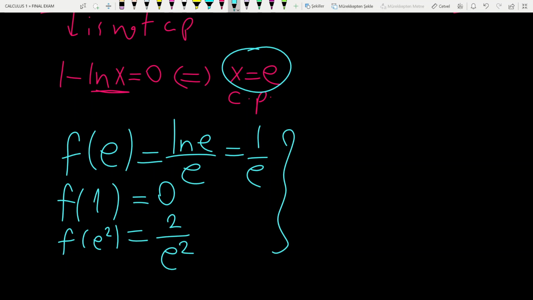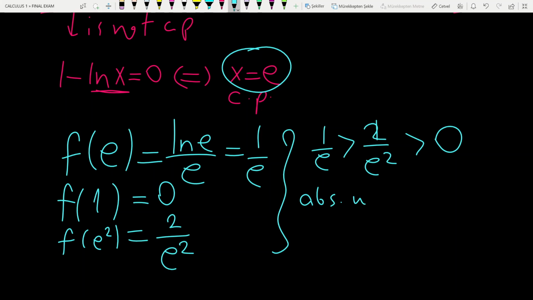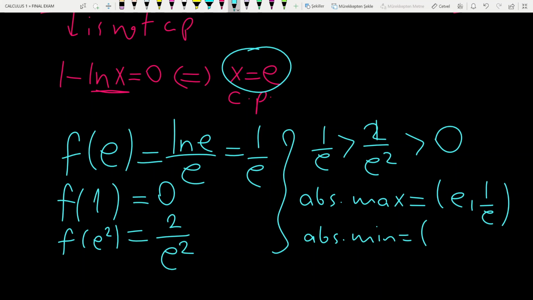As you see, 1 over e is greater than 2 over e squared, and this is greater than 0. So what is the absolute maximum point? Absolute maximum point is the point (e, 1 over e). What is the absolute minimum point? Is the point (1, 0). Okay? This is all for question 3.